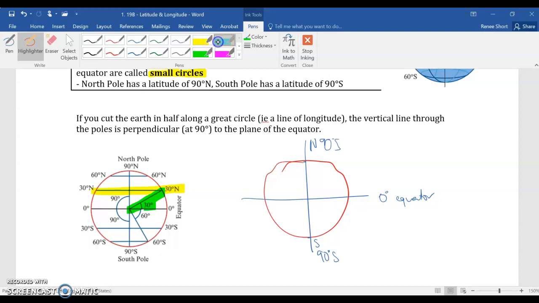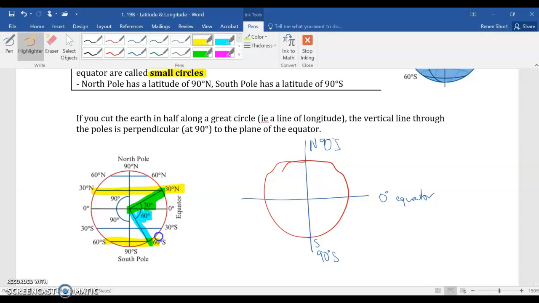Likewise, if I'm looking at somewhere 60 degrees south, it means that we move 60 degrees from the equator down to the line, and so 60 degrees is the angle created there to get us to 60 degrees south.